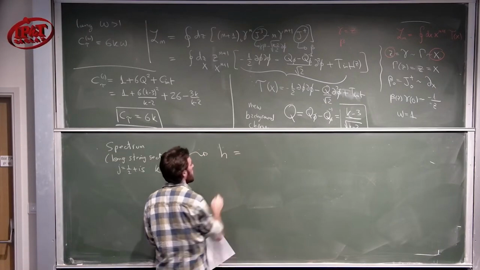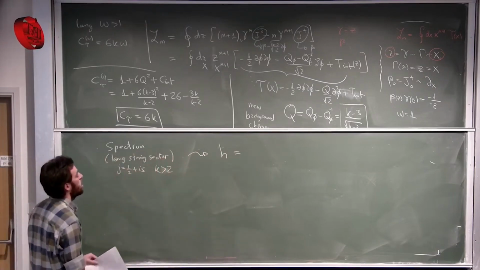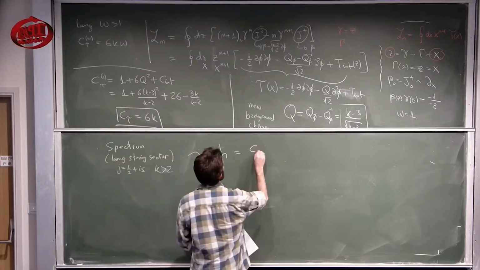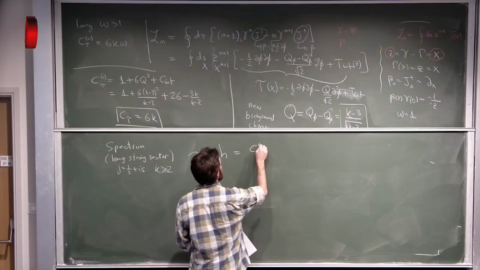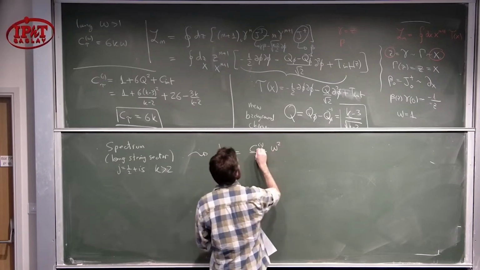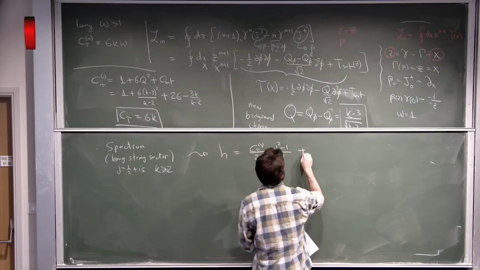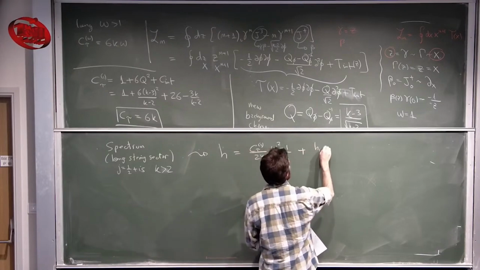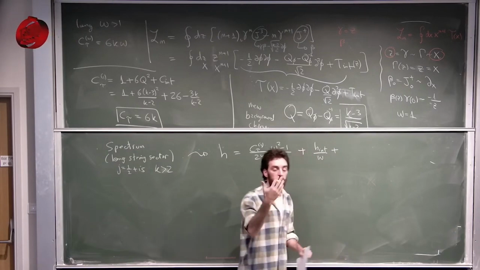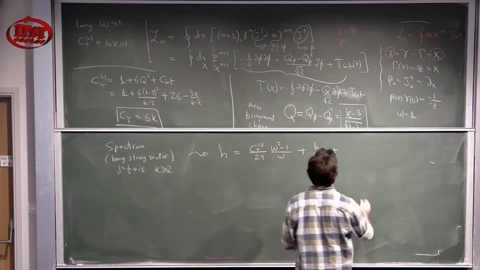I'm not going to do it again. It's just a trivial consequence of the Virasoro condition, and you get C, let's say 1 over 24 omega, this guy here, minus 1 over omega, plus exactly what I had before, which is the internal part divided by omega, plus, and now I have an extra contribution, which I can write in this way.